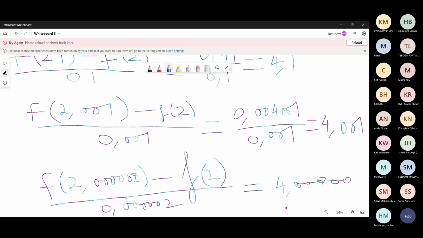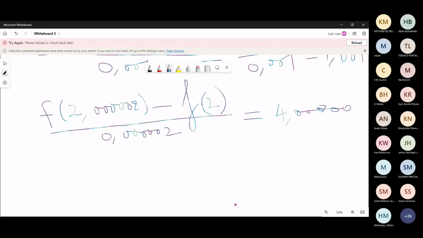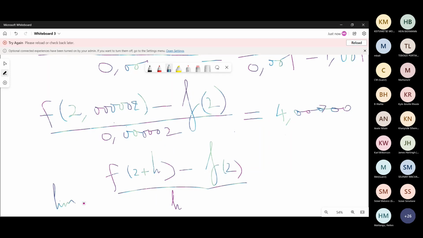Now, in general, you can therefore see that if we take f of 2 plus h, minus f of 2, divided by h, and I take this number h very small, the limit as h goes to 0, what is the answer?